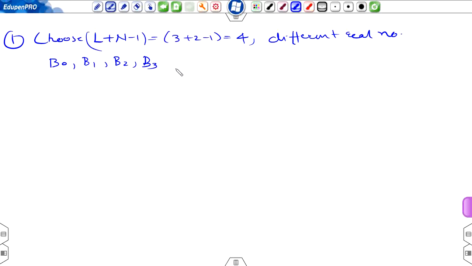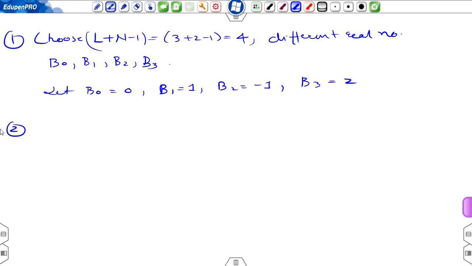Let beta 0 be 0, beta 1 be 1, beta 2 be minus 1 and beta 3 be 2. You can start by assigning small integer values.